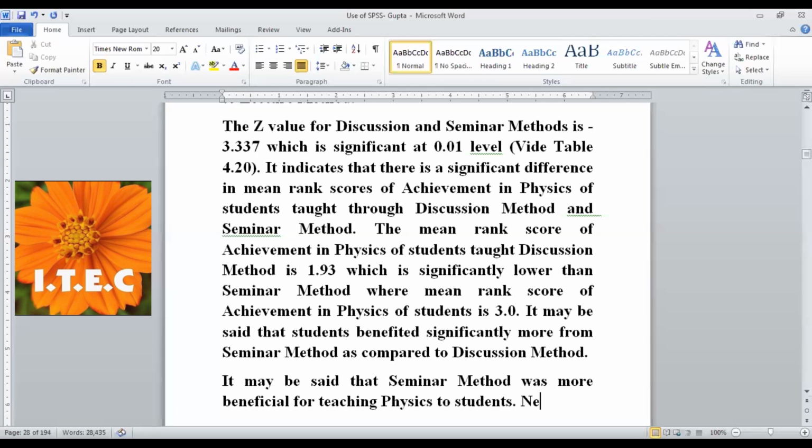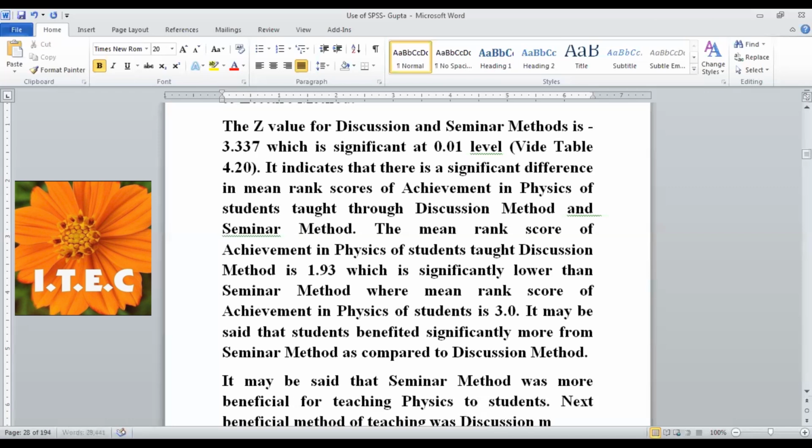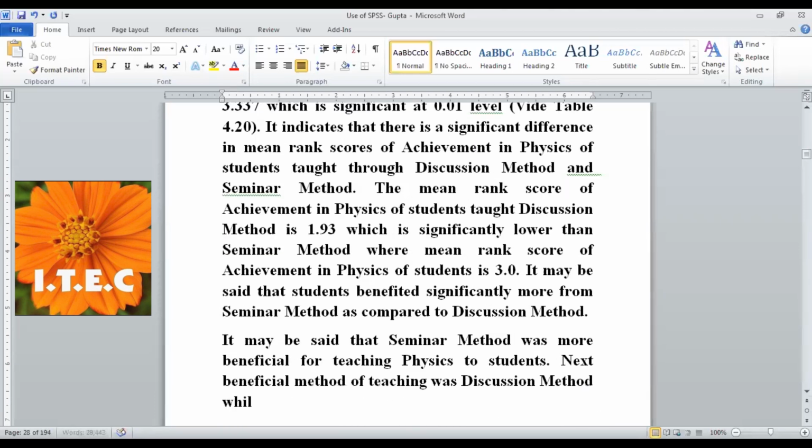Next beneficial method of teaching was discussion method. Discussion method. Why?